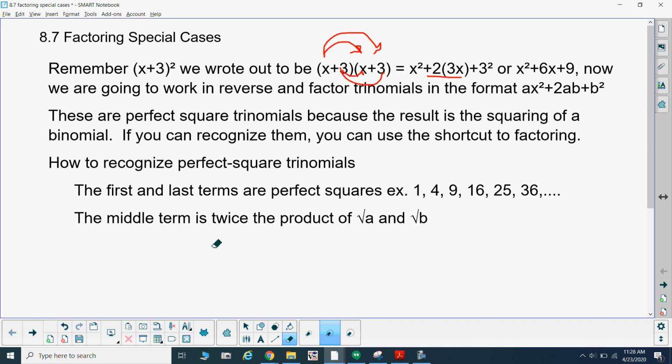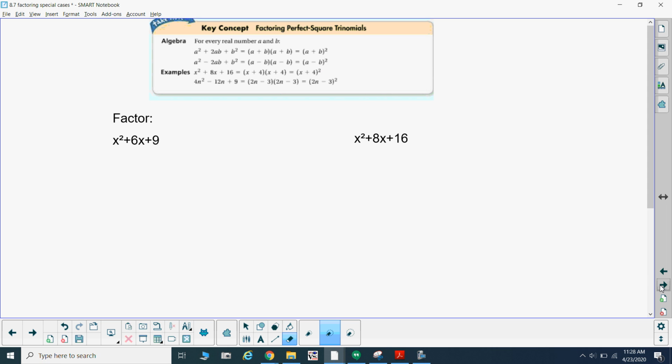And then you also notice there's a middle term, and it's twice the product of the square root of the first term and the square root of the last term, or the b up there. So moving on, here's the general key concept for factoring perfect square trinomials, and let's try a few.